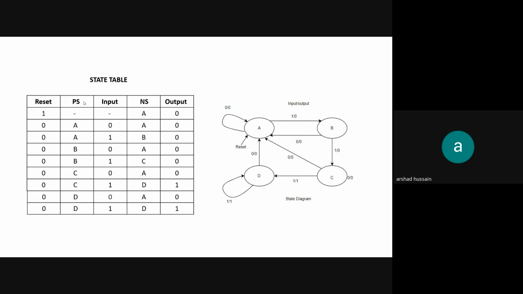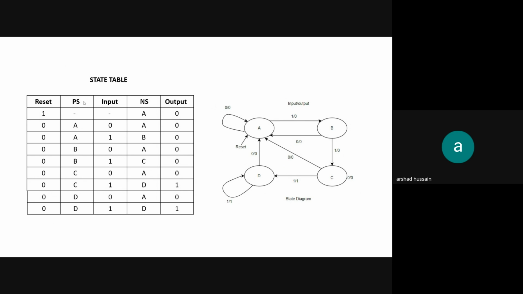Similarly, if my present state is A and the input is 1, my next state is B with the output 0, because we have not detected three consecutive inputs. So for every edge in this state transition diagram, we have one row in the table, which is an equivalent representation.